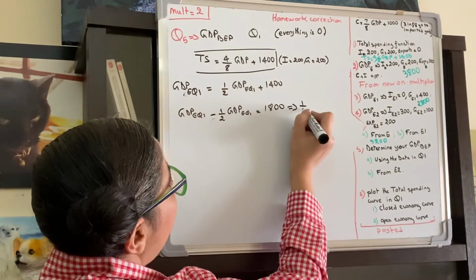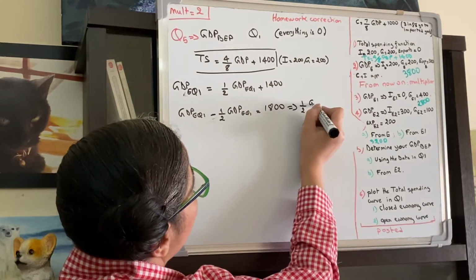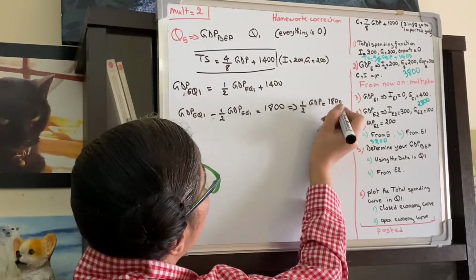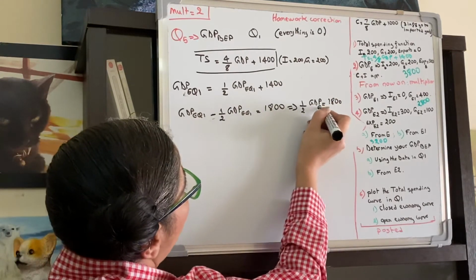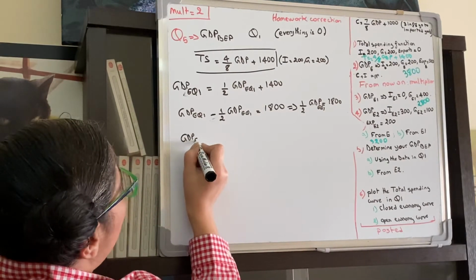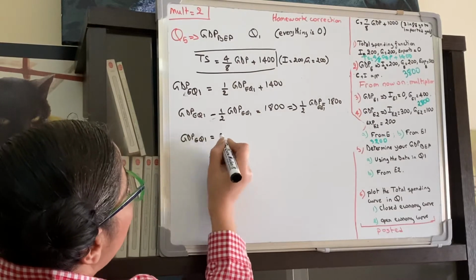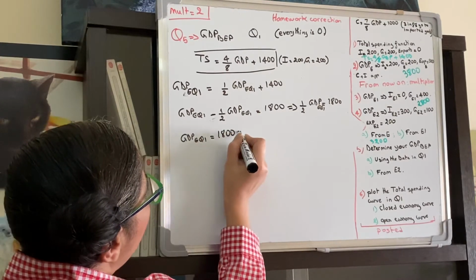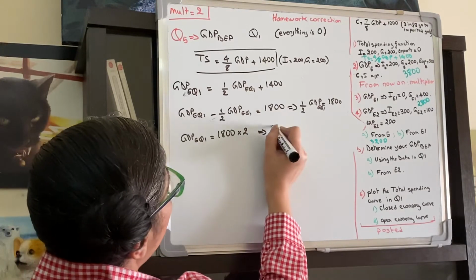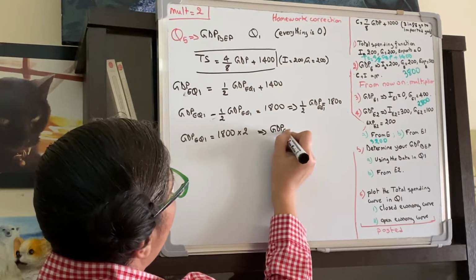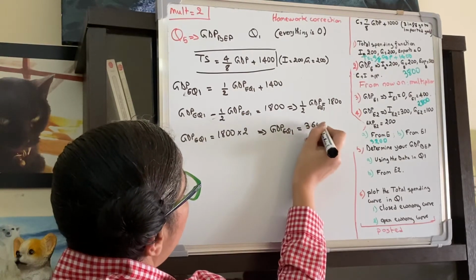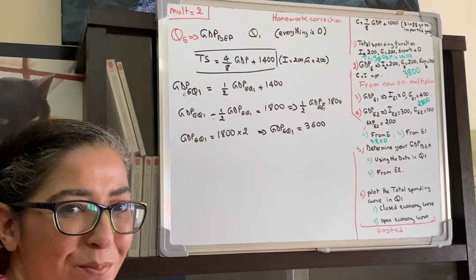So half GDP is equal to 1,800, of course, at equilibrium. So GDP at equilibrium question 1 is equal to 1,800 by 2. So it's equal to 3,600. So GDP equilibrium question 1 is equal to 3,600. Okay, guys?